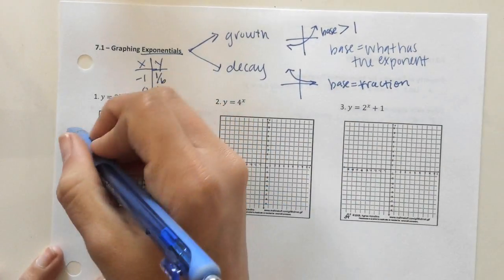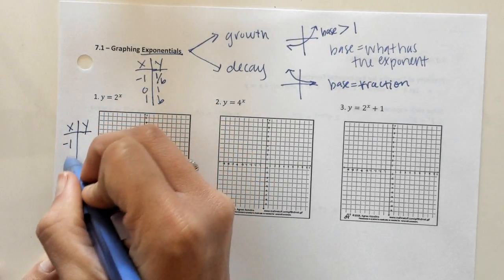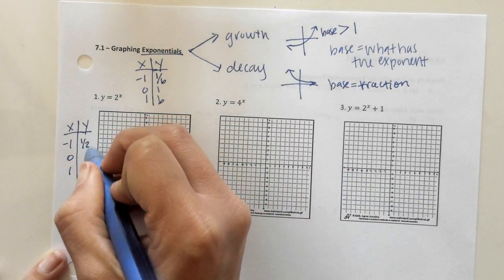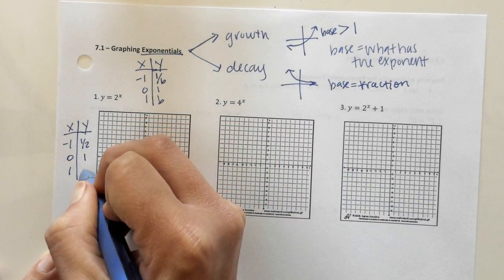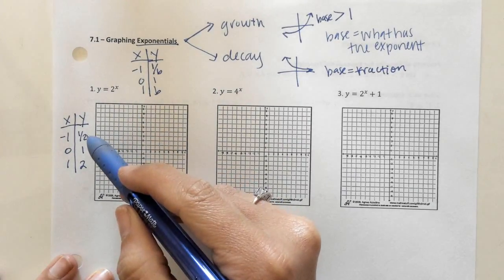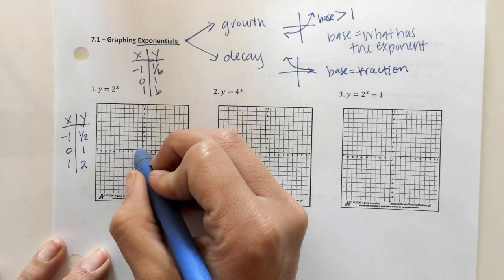So let's make a table for each one. What's my x values? Quick. What is my value for -1 in this one? 1/2 and 2. Good. So 1 over your base, so 1 over 2, 0, and always the base. Go ahead and graph these 3 points.